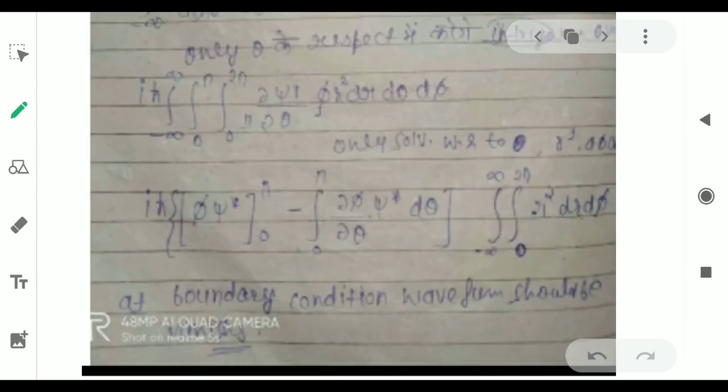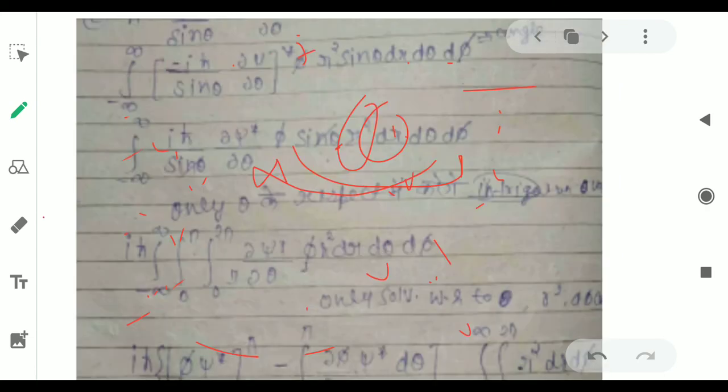After solving these terms, sin is cancelled by sin, and the rest is r square and dr. R square dr will be solved by this limit, theta by this limit, and phi by this limit.